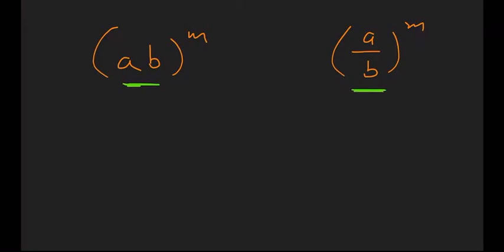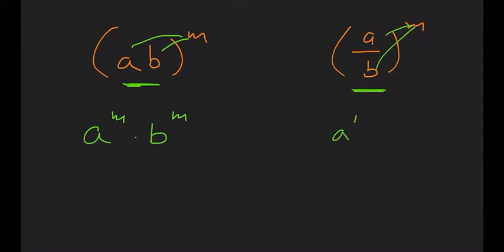So in the first case, the exponent goes to each thing being multiplied. So this would be a to the m times b to the m. In the second case, it goes to the things being divided, both of them. So we'd have a to the m over b to the m. So this is going to be important for solving those problems we were looking at at the beginning.